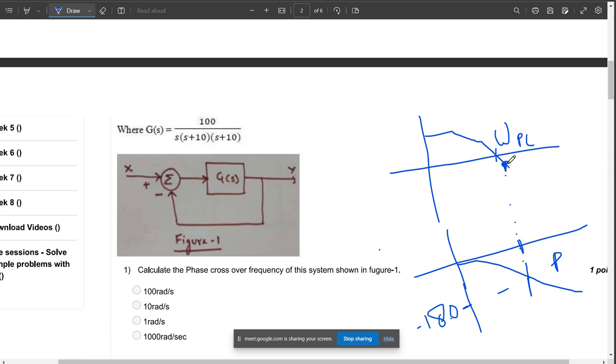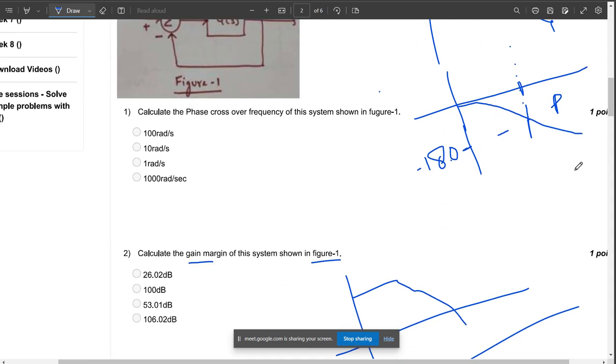So when the system crosses minus 180 degrees, the system becomes unstable.